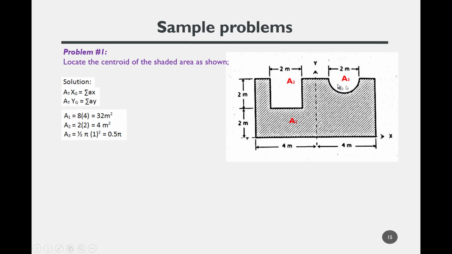And this one, pi r squared for the area of a circle, kalahati lang, so naging one-half pi r squared. Bakit 2, hindi radius nga kasi kalahati niya, that is 1 meter. Ayan, so makikita natin ang value ng mga y1, y2, x2, x3, ganun yan.